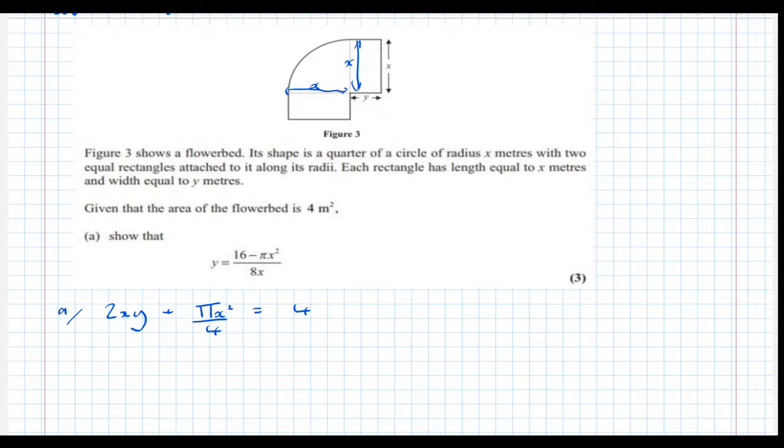So the next part, to get y on its own, I'm going to divide by 2x.